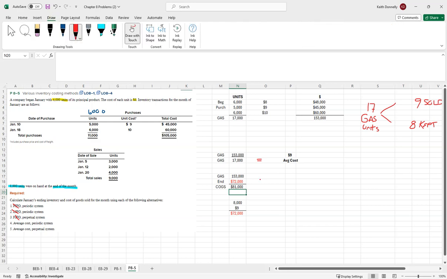So again, what we did here is we had $153,000 in dollars, our goods available for sale.